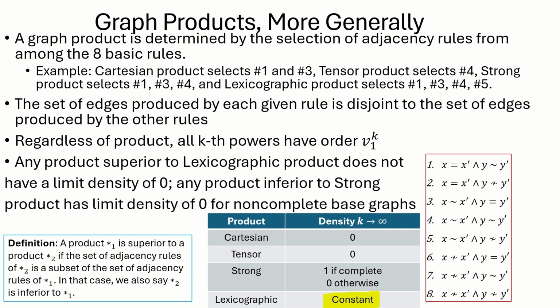Since inferior products have density less than or equal to their superiors, any product inferior to the strong product will have density going to 0 for the kth product power for non-complete base graphs. In this way, we can say something about the behavior of the density of kth product powers for many more products than just the 4 we studied in this video.